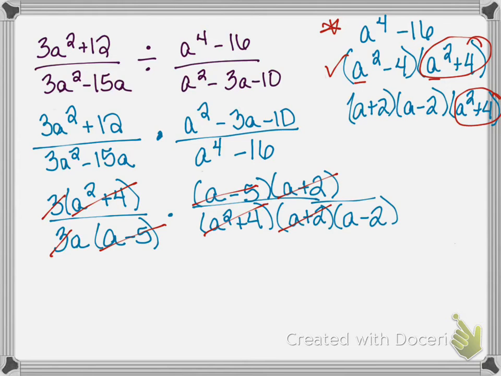What am I left with on top? Nope, not my 3 canceled. 1. Okay. Then on the bottom, don't forget that a. You see that a right there? Don't forget it. It wants to be part of your answer. And again, you do not have to distribute that.